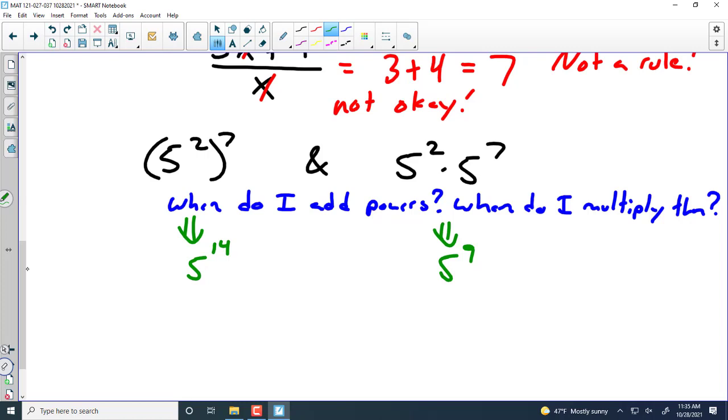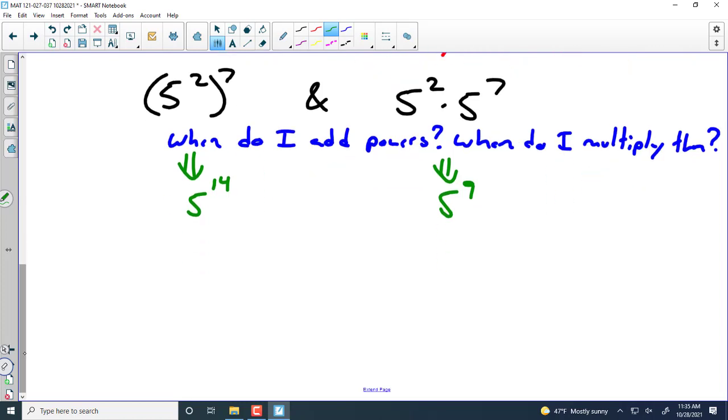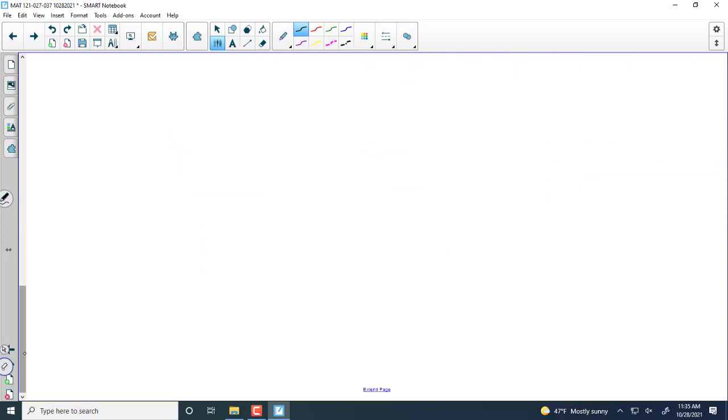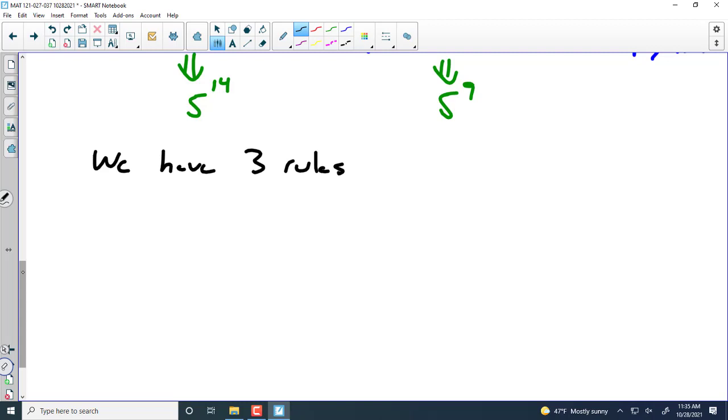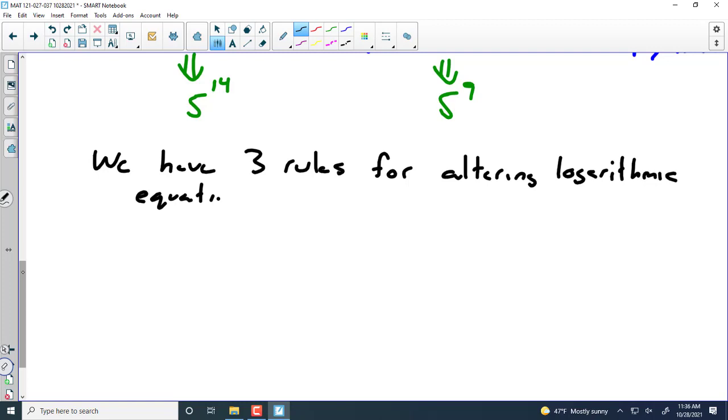And the reason I say all that is it's an introduction because we have 3 rules for altering logarithmic equations and expressions.